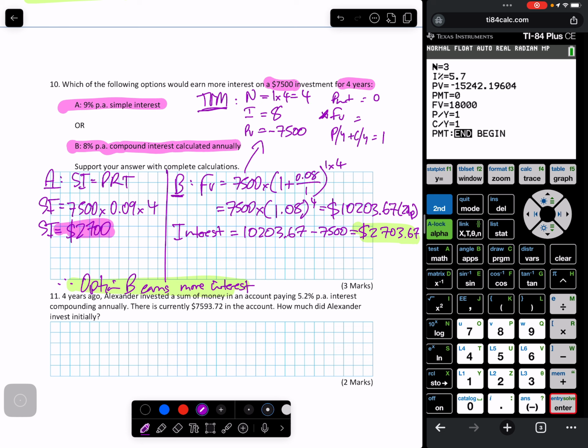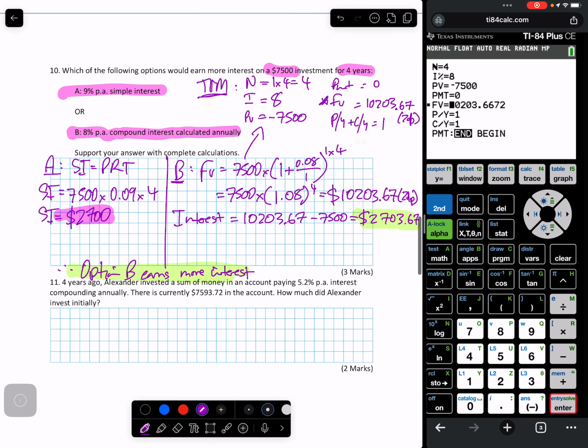It's going to be 4. 4, 8, negative 7,500. Alpha, enter. See, same thing. 10,203.67 to 2 decimal points, which is what we got last time. And then the interest is going to be 2703.67.